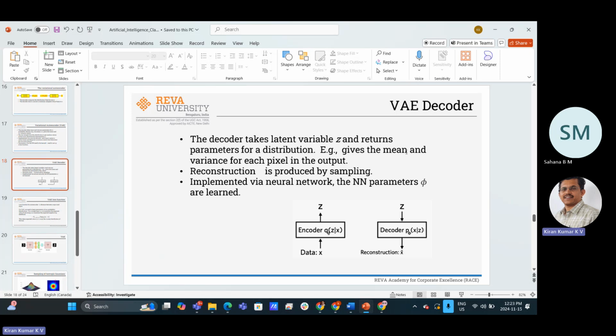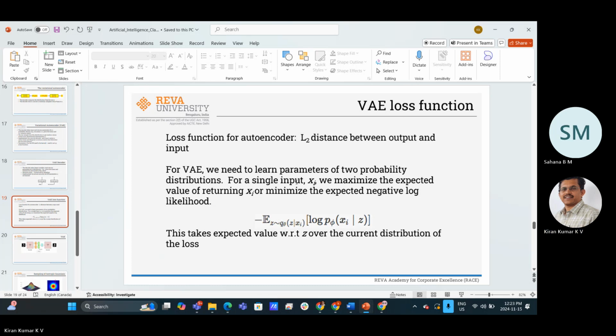Based on the parameters, that is mean and variance, it will produce its own output or reconstruct its output based on the sample data. Okay, this is VAE, nothing else. So loss has to be taken into the picture here. That's very much important while building a VAE.